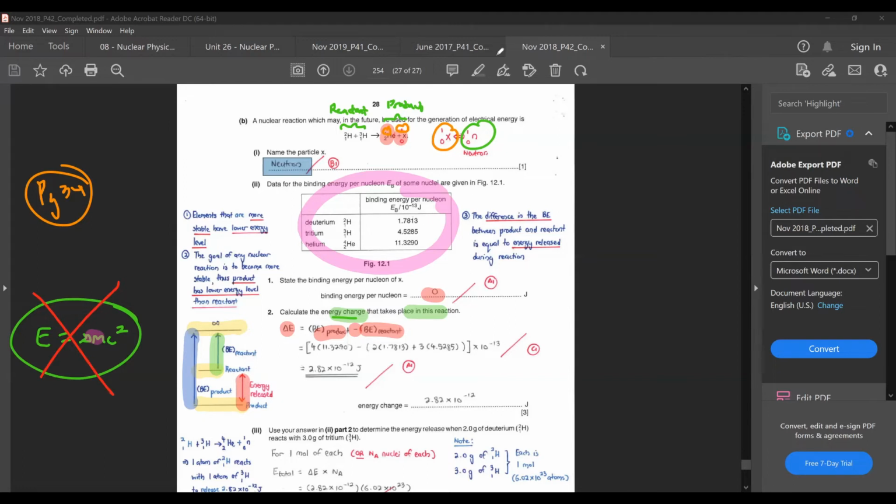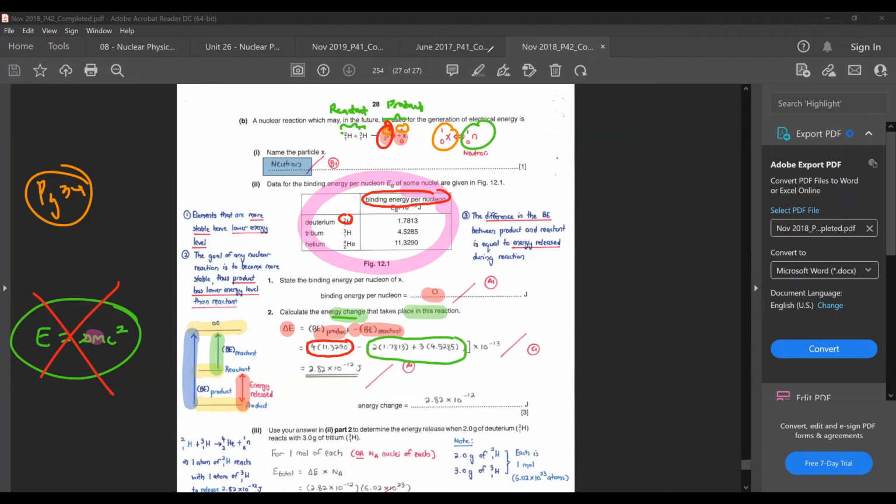Same thing as before. You already know that BE is nucleon number multiplied by BE per nucleon. You take the BE per nucleon multiplied by nucleon number, and you get your BE itself. For the product, it's just going to be helium, that's why it's 4 times 11.3290. For the reactants, it will be deuterium and tritium.